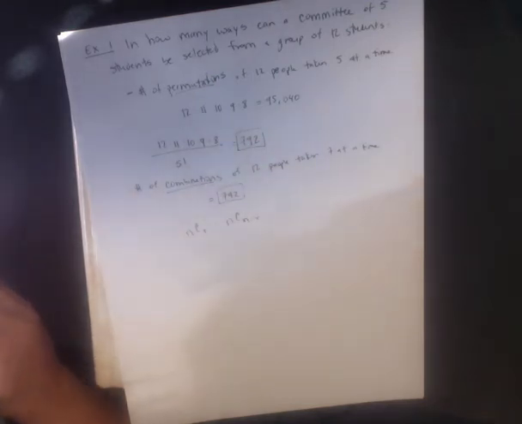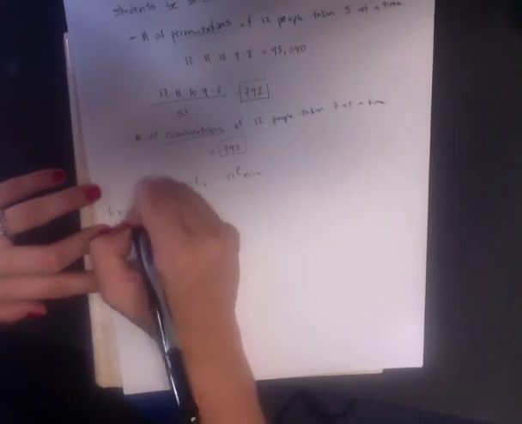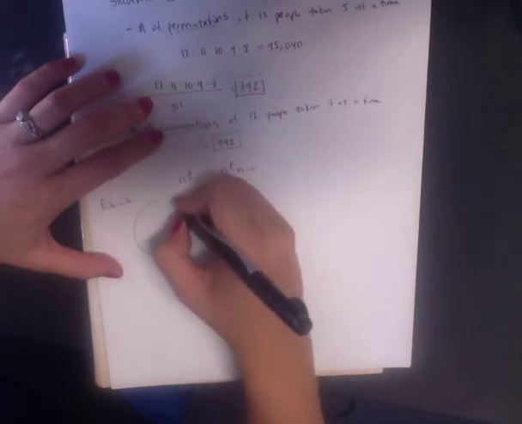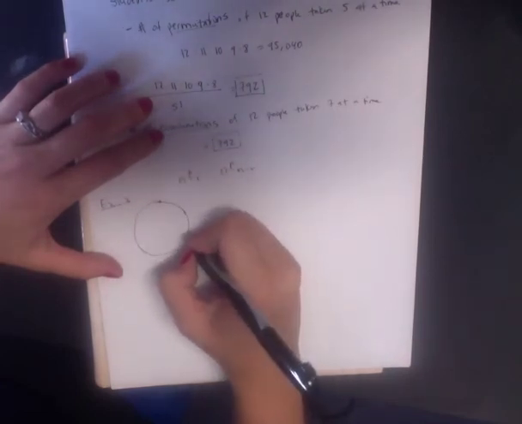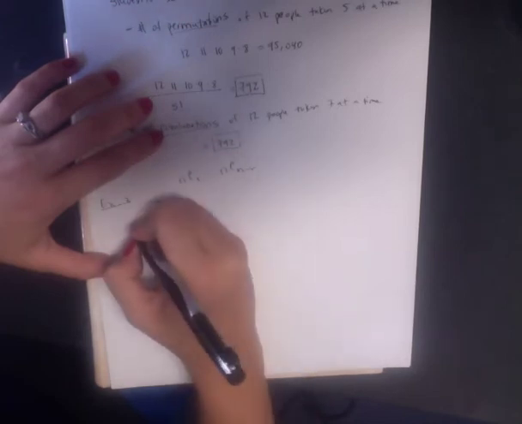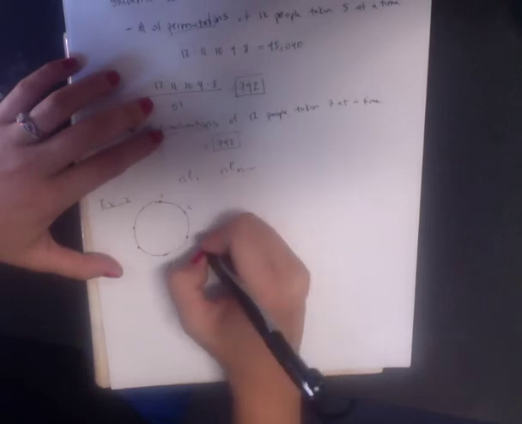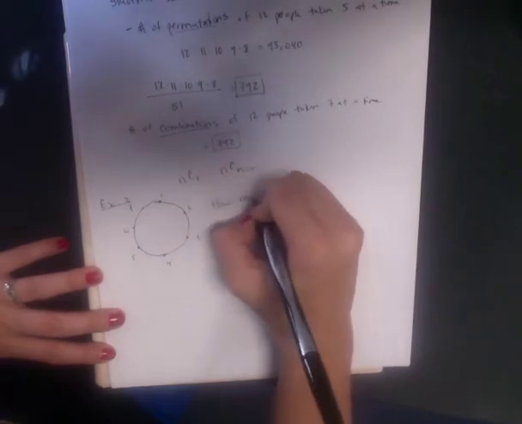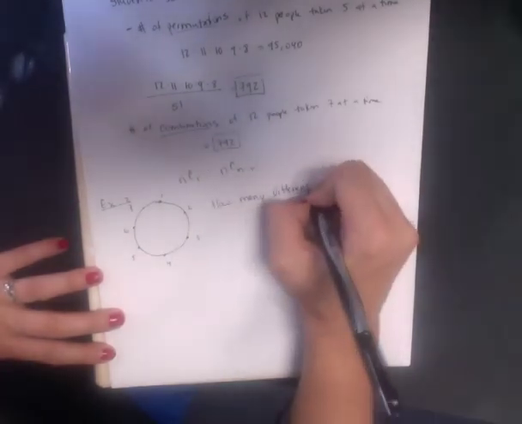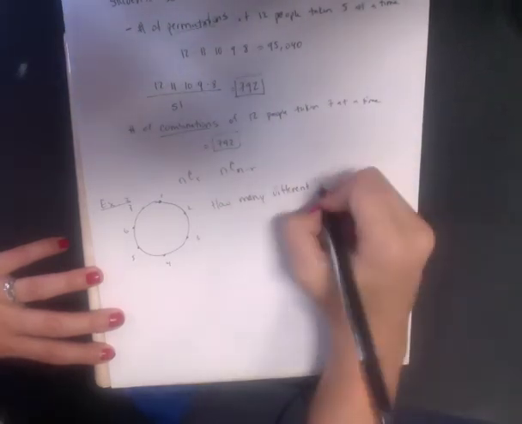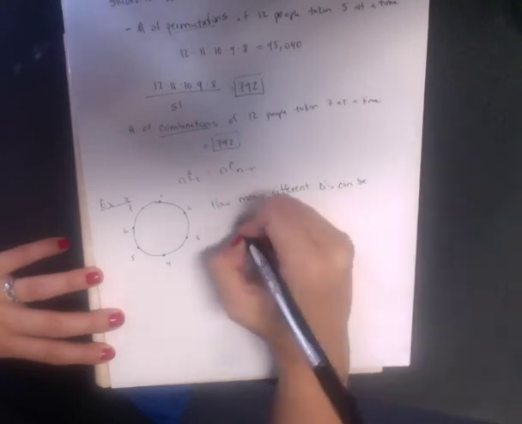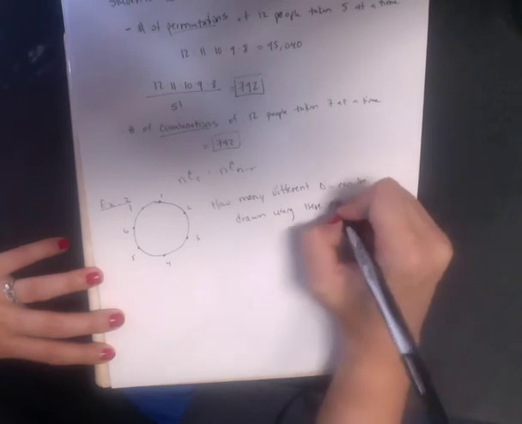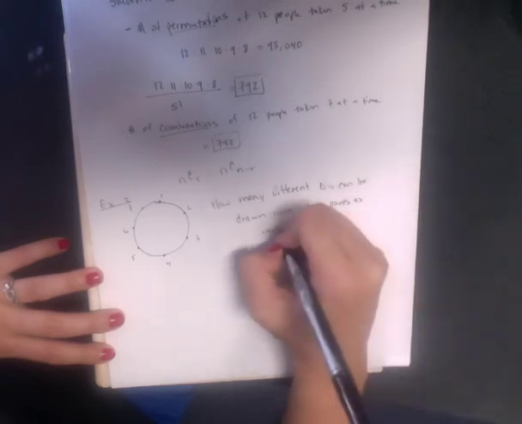Okay, let's do another example. If we had a circle and we have 7 points, 1, 2, 3, 4, 5, 6, 7 points on a circle, how many different triangles can be drawn using these 7 points as vertices?